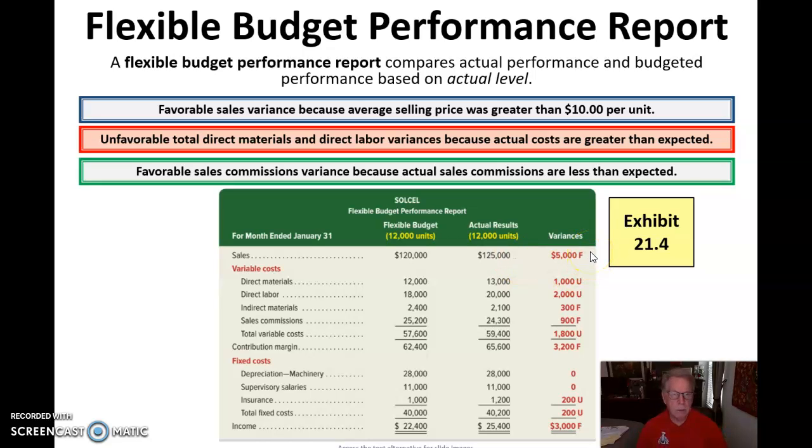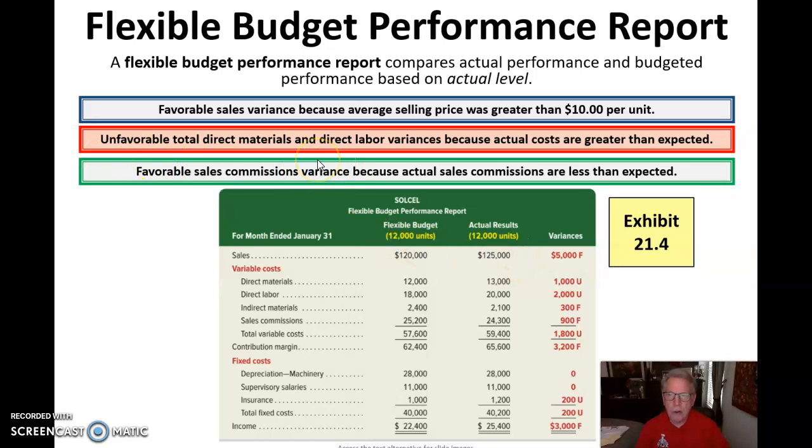All right, we good with that? So the favorable sales variances because the average selling price had to be better than $10 a unit. If I multiply 12,000 times 10, I get 120. So if I multiply 12,000 by something a little more than 10, I'm going to get 125,000.